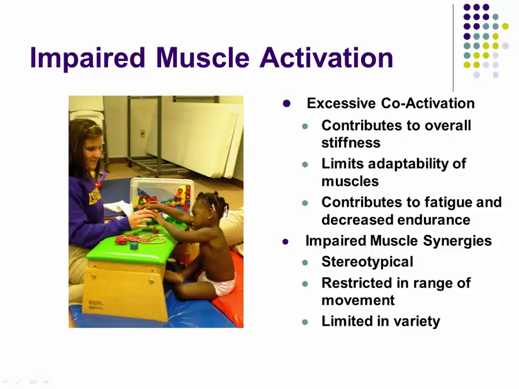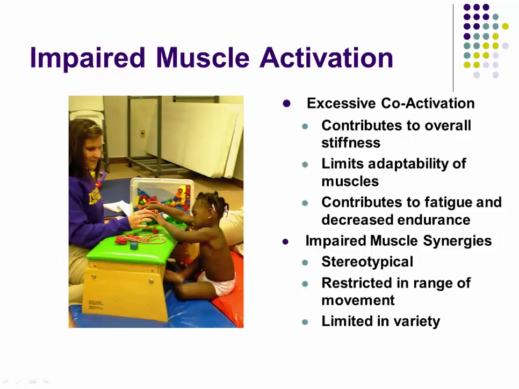So this little girl, as she's reaching, has her elbow in extension, with a little bit of flexion in her left, but there isn't really a graded, controlled movement in her reach because her arms are stiff. Her biceps and triceps are activating at the same time, so her movements are very stiff and controlled, which causes the muscles to fatigue easily because they're constantly firing.